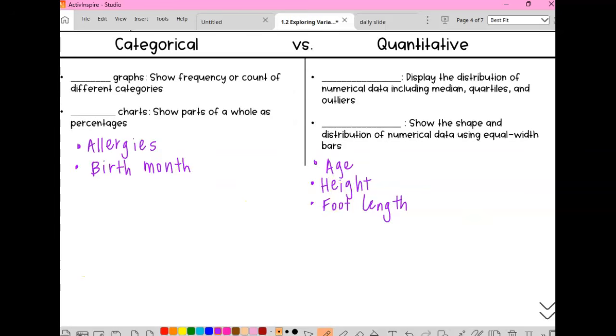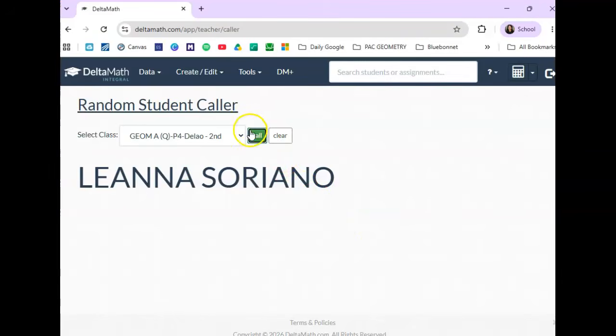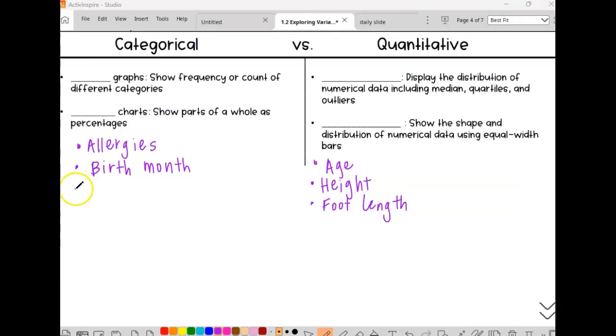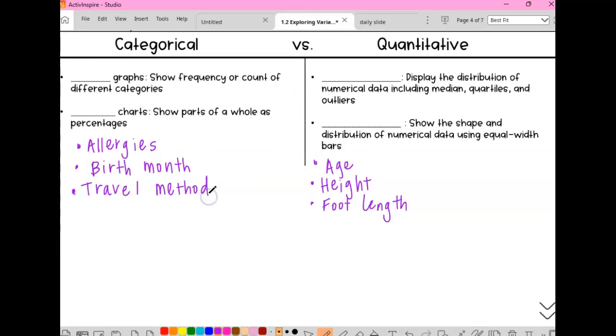All right, next one. How do you travel to school? Is that categorical or quantitative, Paul? Good. Travel method. Okay. And I believe that was bus, car, walk, or bike.